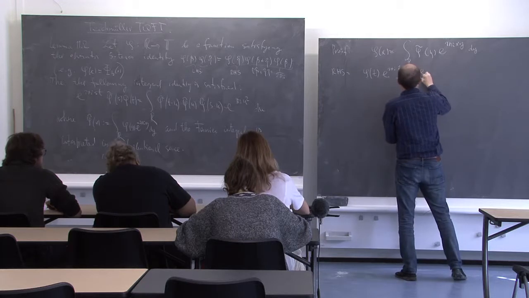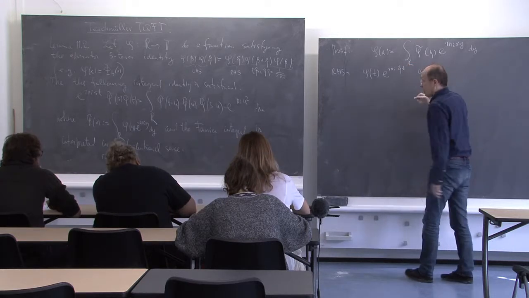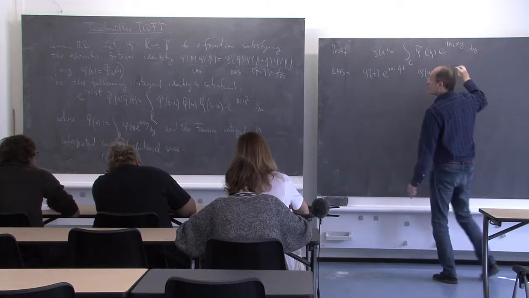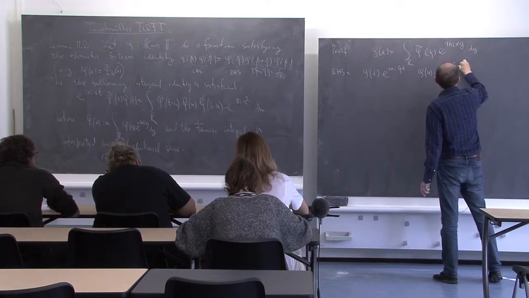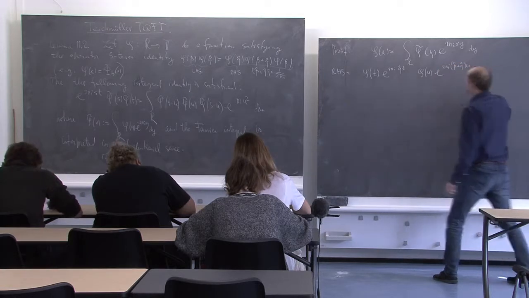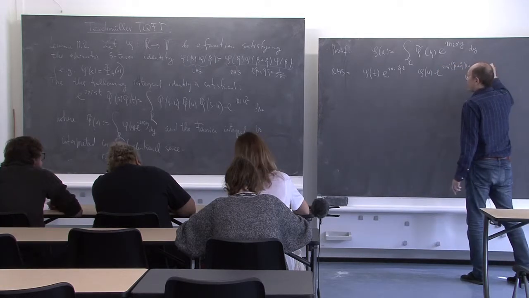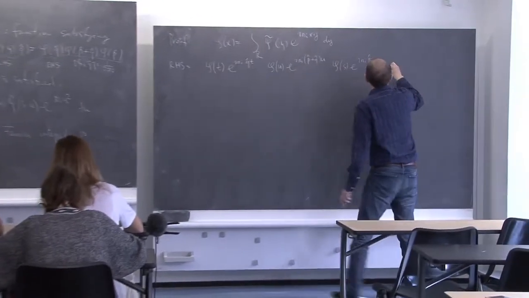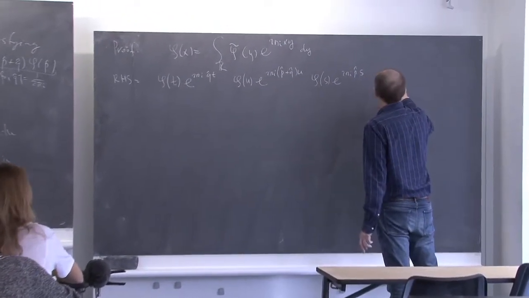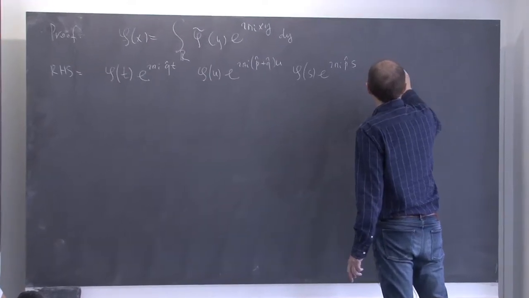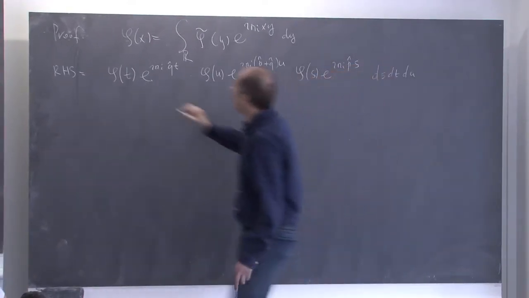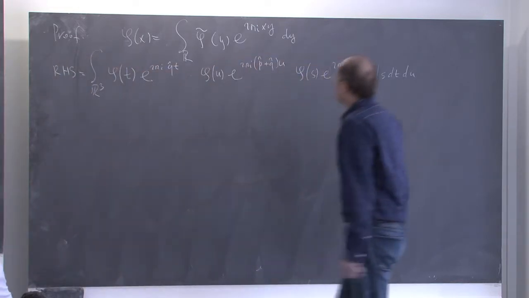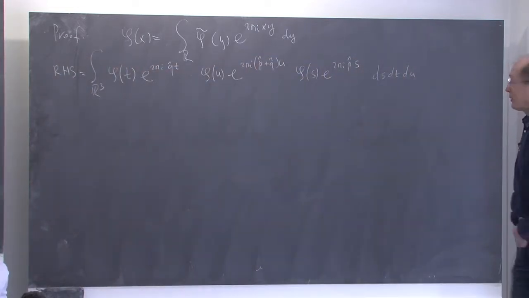Then we write phi of u e to the 2 pi i (p hat plus q hat) u. And phi of s e to the 2 pi i p hat s. And we have a triple integral ds, dt, du. And we collect the similar terms.